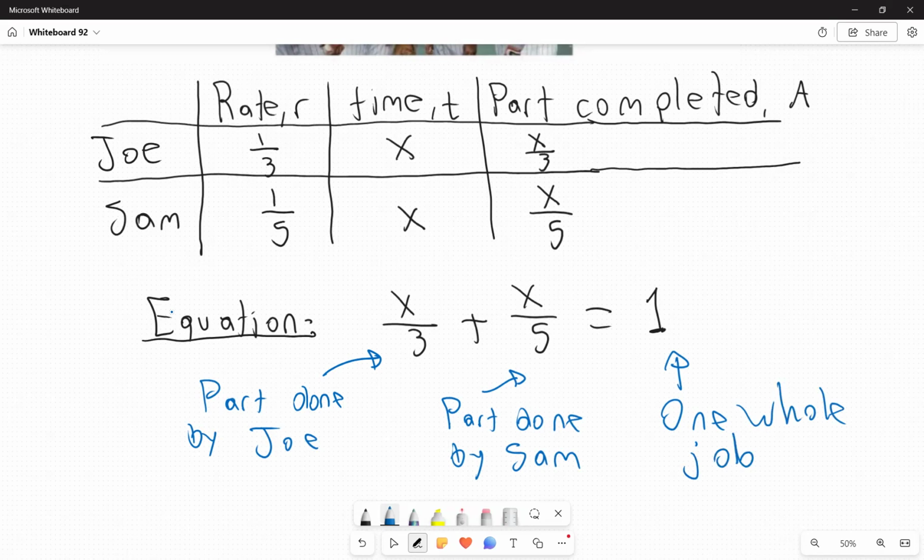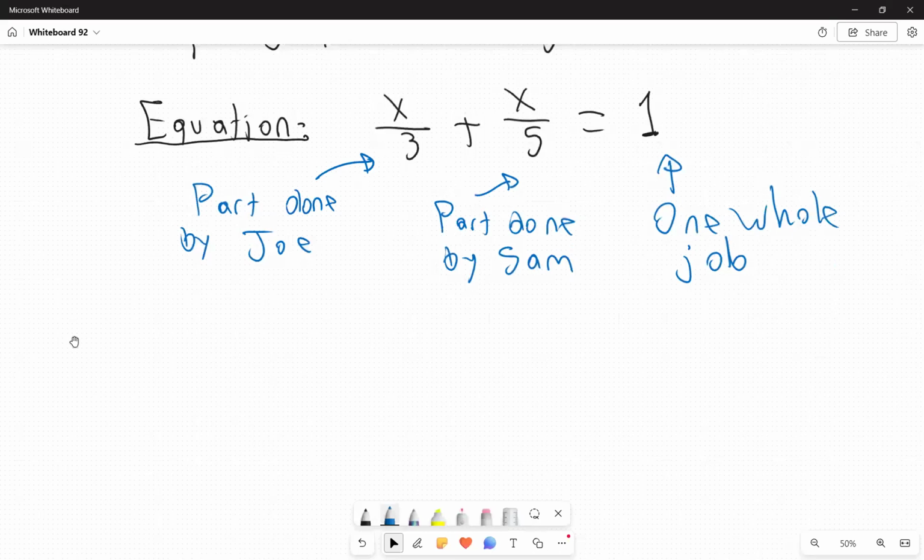So actually, this equation is a linear equation with fractions, which we can solve by using the least common denominator. So we are going to solve X/3 plus X/5 equals 1, where X is the time it takes them to paint the house together.